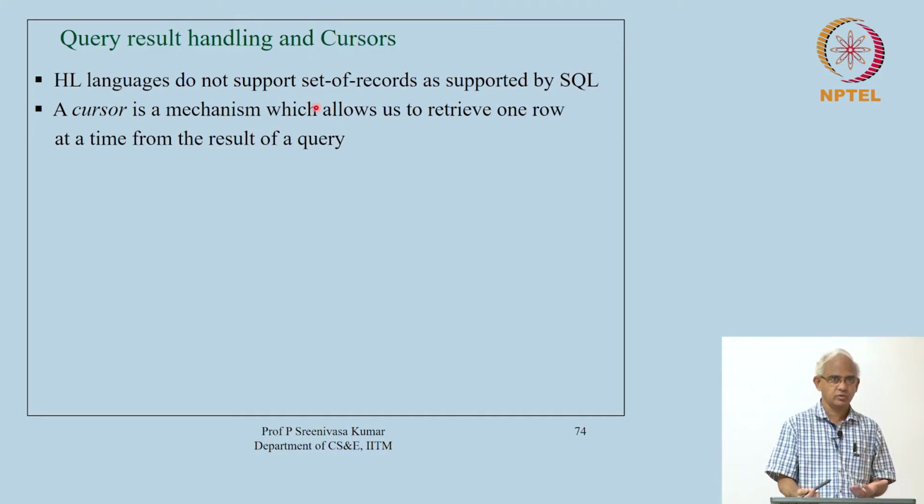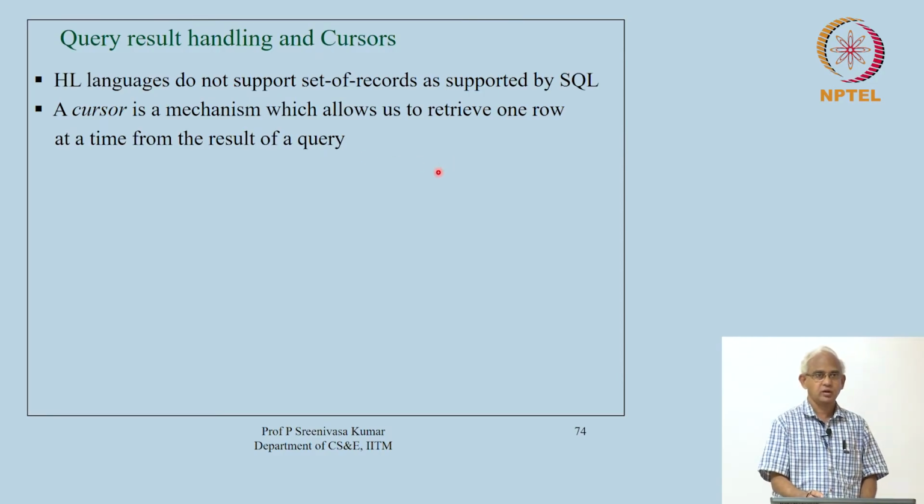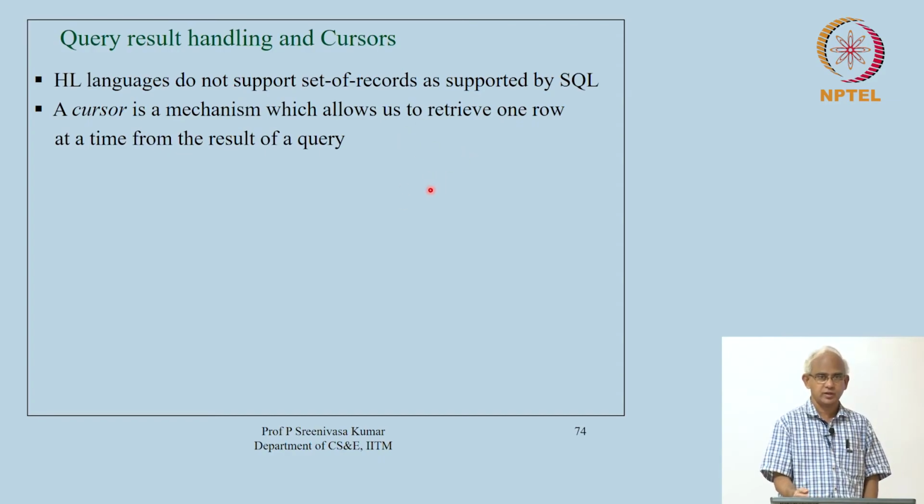That is the whole issue about this mismatch. So, a cursor is a mechanism which allows us to retrieve one row at a time, one tuple at a time, from the result of a query. A cursor is required when you expect multiple tuples to be returned. If you know very well that only one tuple is going to come, then you actually do not need a cursor.